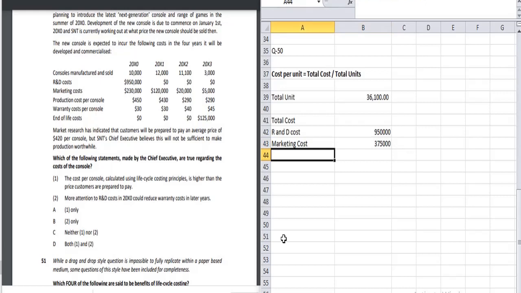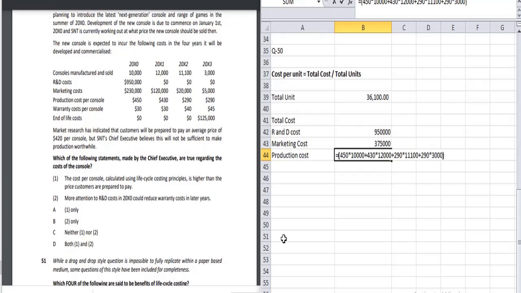Okay, now production cost. Production cost, we have to take each and every cost, be sure. Okay, 450, and this is for the per console, and the number of consoles we have manufactured in the first year is 10,000. We have to multiply again 430 into 12,000 plus 290 into 11,100 plus 290 into 3,000.